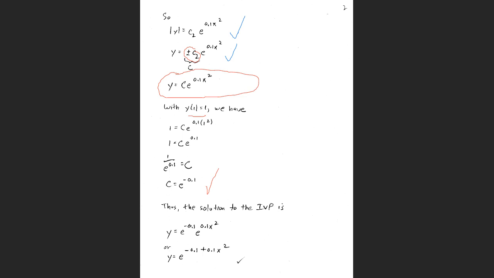This means the solution to the initial value problem is y equals e to the power negative 0.1 plus 0.1 times x squared. Let me give you a moment to catch up here, and if you have any questions, please ask.